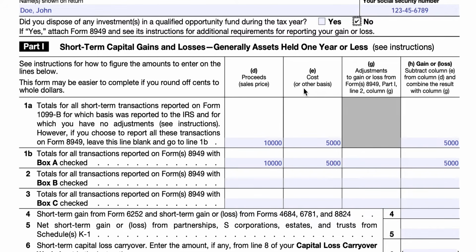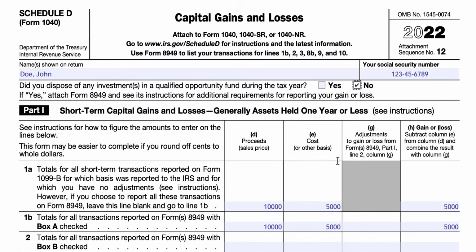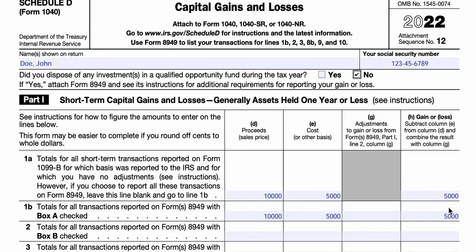For example, if you had a Schwab account and you bought and sold investments that were recorded by Schwab, Schwab, as the custodian, has records of all that information. They can report that to the IRS. You would receive a 1099. If you saw a basis in your 1099, then you would report it here.